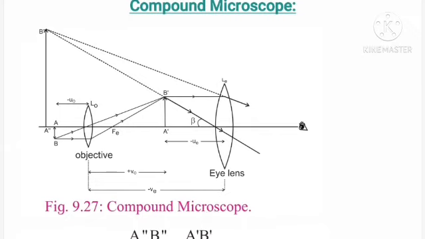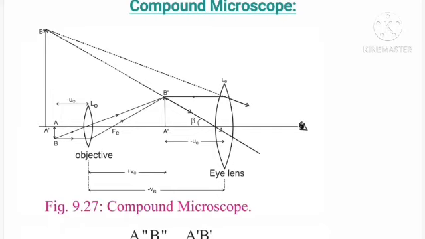So this is about the compound microscope. We have to study this diagram very accurately so that we understand how an image can be magnified by using a number of lenses.